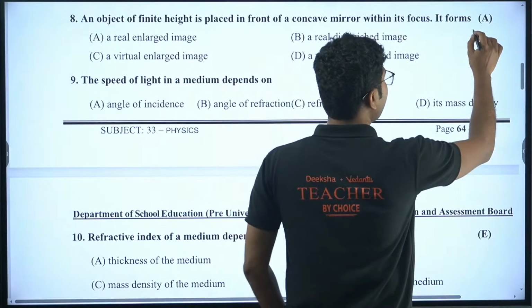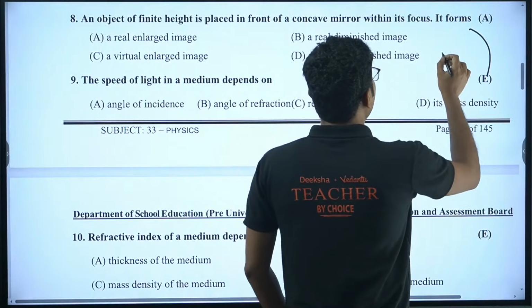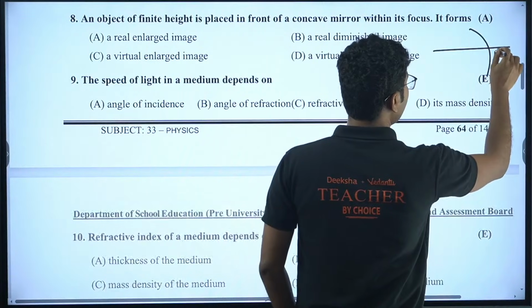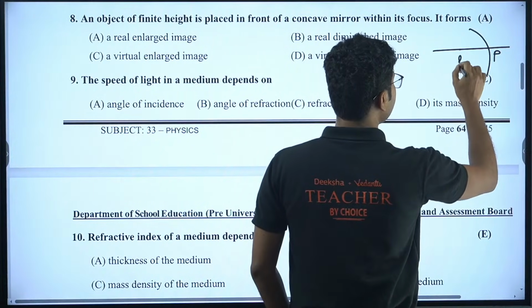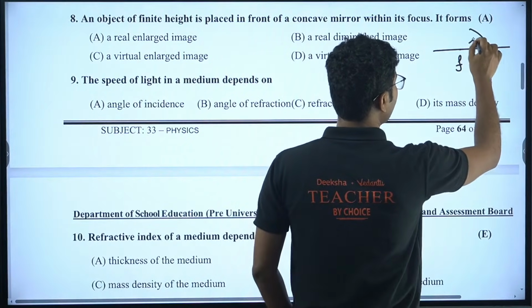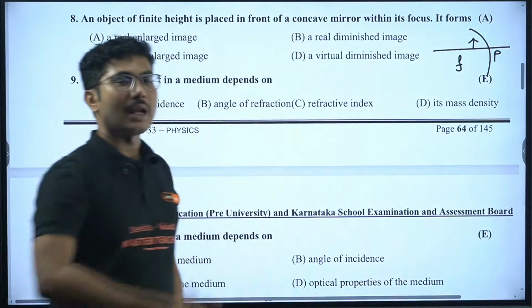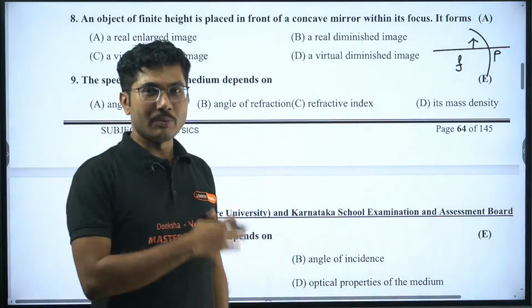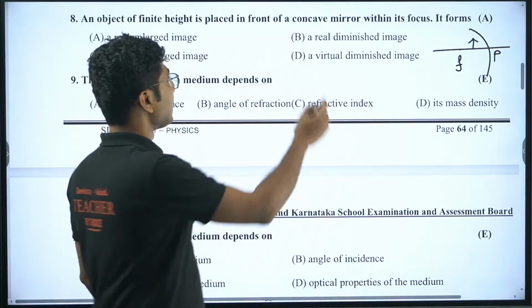Again they are going back to the concave mirror. Within its focus means, suppose this is the pole and this is the focus, between pole and focus. The language should be clearer, so they should mention that it should be between pole and focus, and the mirror is a concave mirror.